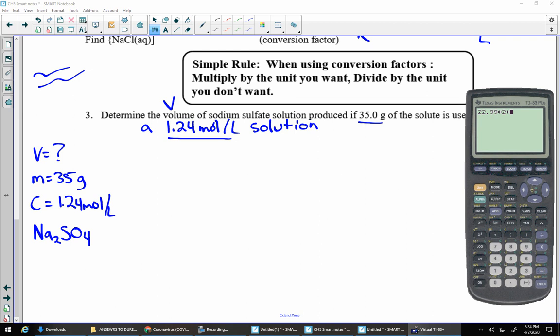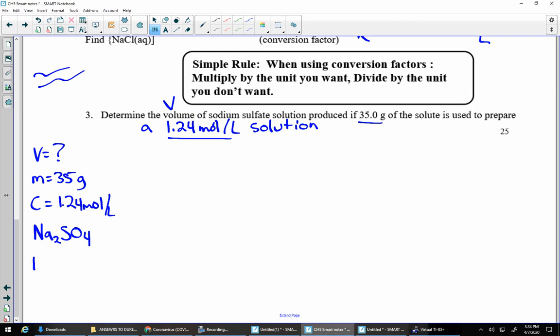It is 32.07, so I'm going to add that 32.07. And then we've got 4 oxygens, so I'm going to do 16 times 4. So the total mass of the entire thing, 142.05. Molar mass is equal to 142.05, and of course, that will be grams per mole.